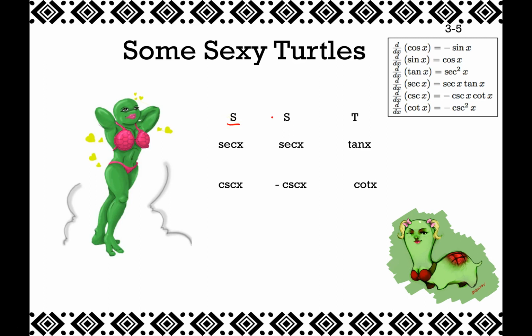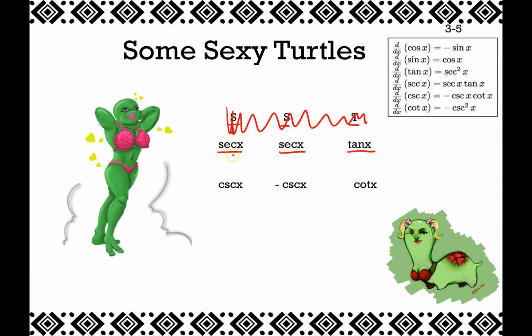So I write down my SST, and when I have my S, that tells me that I need to write down my trig value that starts with the S. I know you'd think sine, but here we're mainly dealing with our reciprocal trig functions. So we're going to write down secant. Again, we write down secant, and the T would tell us to write down tan. Okay, now completely ignore this section.